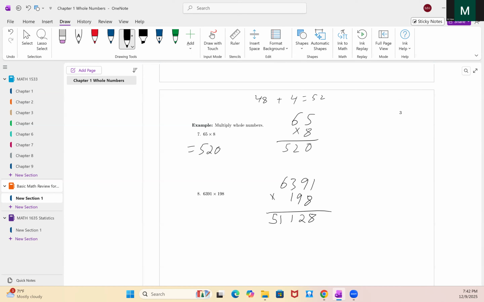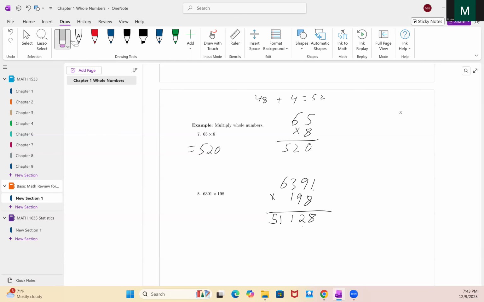So 9 times 1 is 9. Now we put this 9, the result, under the 2, because we had to move to the left by 1 place. So the first number that we put will also be moved to the left by 1 digit. So this 9 times 1 doesn't go under the 8.